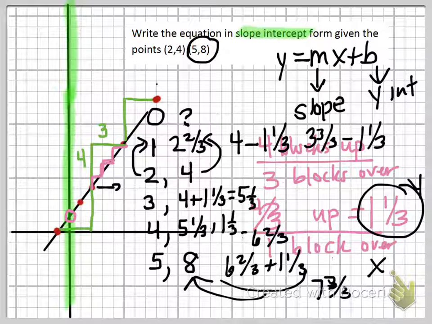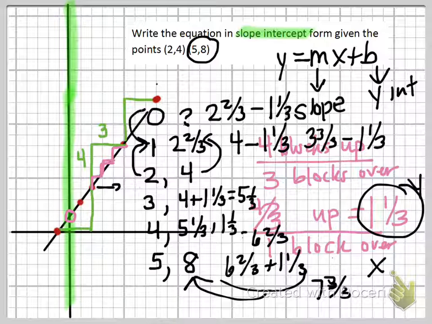So that means at 0, I would take 2 2/3 and I would subtract 1 1/3 because I'm going back another x, so I have to go back another 1 1/3. So what's 2 2/3 take away 1 1/3?